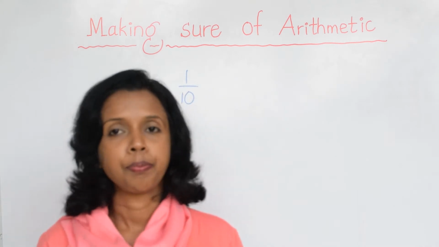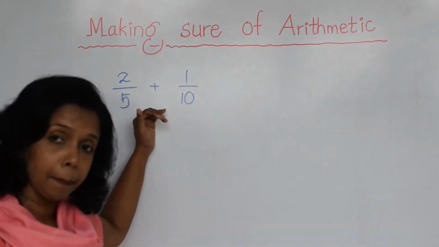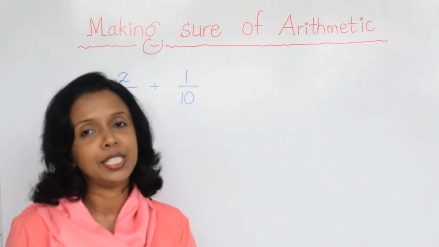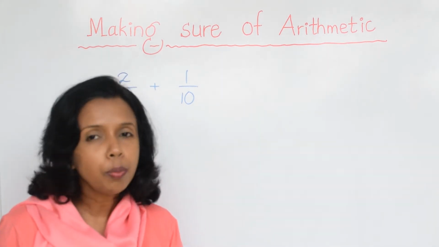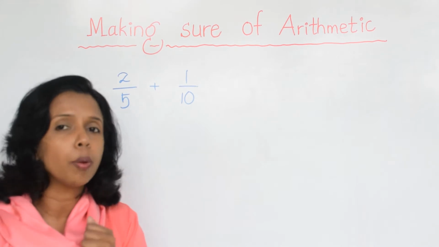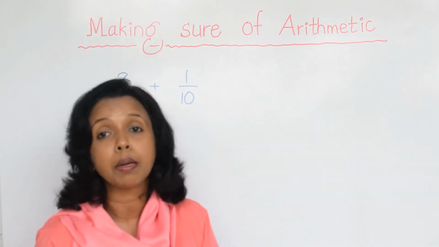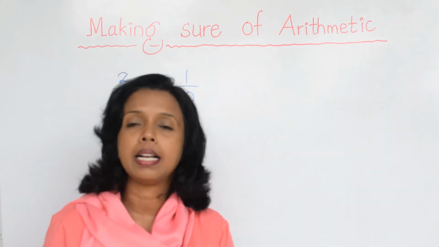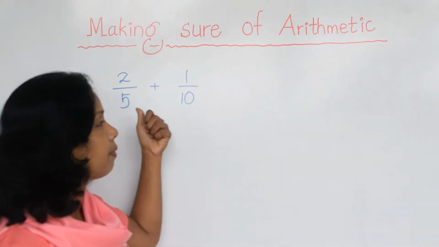For that, to add them, first of all, we want to find a common denominator. So how do you find it? Common denominator means we want to think about the LCM, lowest common multiple, for both 5 and 10.